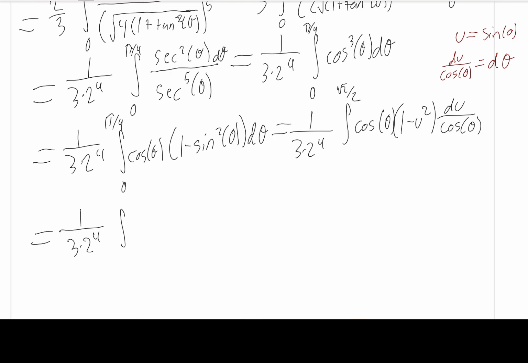And on the bottom, I'm plugging in 0 to sine theta, so that'll still give me 0. Okay. So then our cosine thetas can cancel. So we're just left with 1 minus u squared du, integrating from 0 to square root 2 over 2.